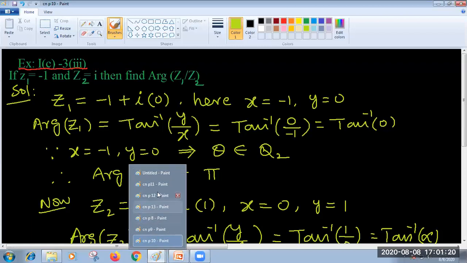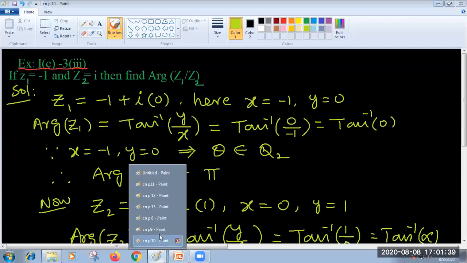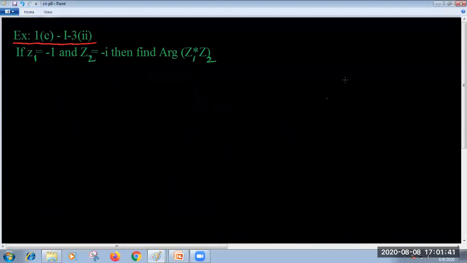Now you can take the assignment, or we can go for one more problem. Almost similar to the previous one.